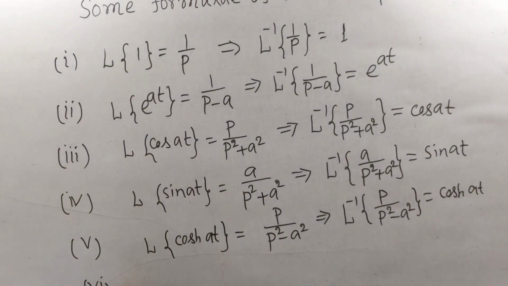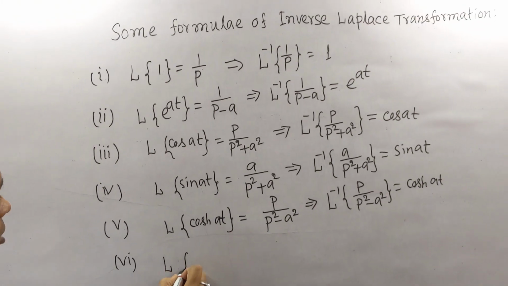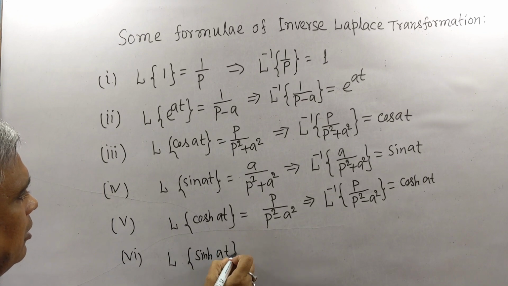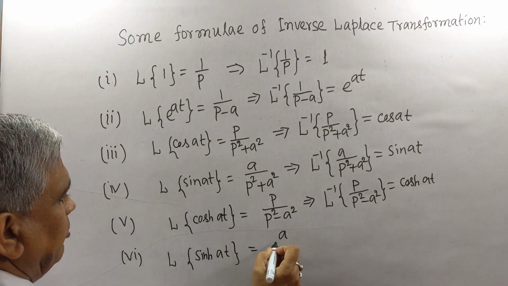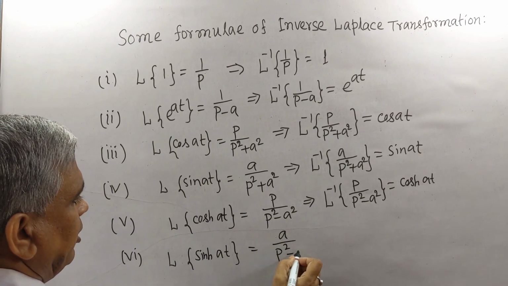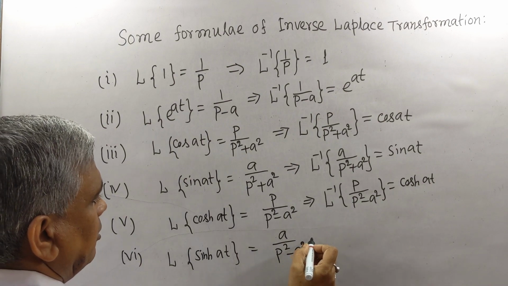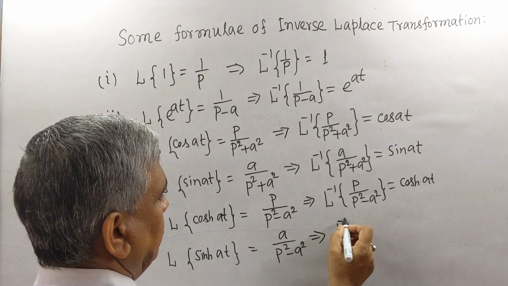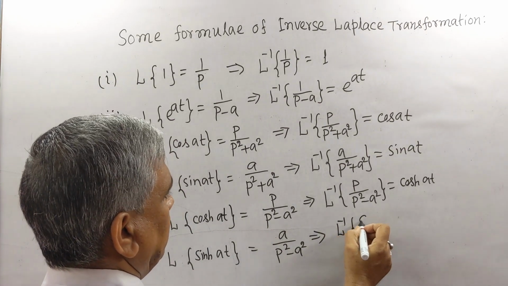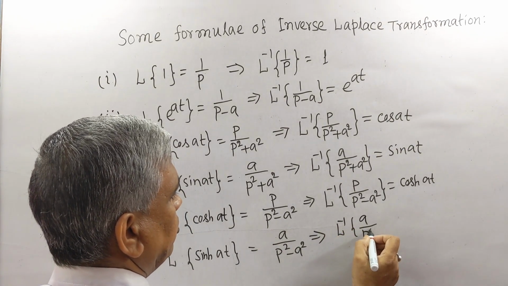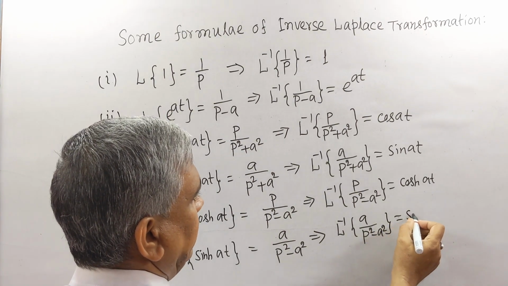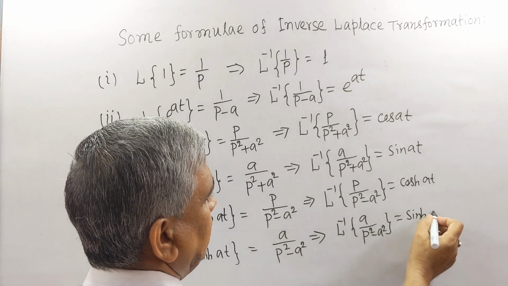Number 6, L{sinh at} = a by (p square minus a square), which implies that L inverse a by (p square minus a square) = sinh at.